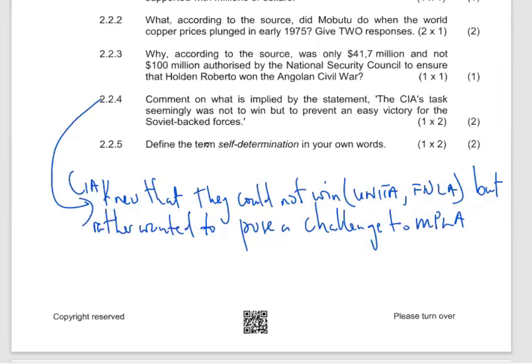They wanted to prove that UNITA and FNLA could provide a constraint to the winning of MPLA, though they knew that at the end they were not going to win it. It was necessary that in future, if there was need for negotiations between those movements, they were going to consider them because they knew well that they had given them a very serious challenge to get into power.